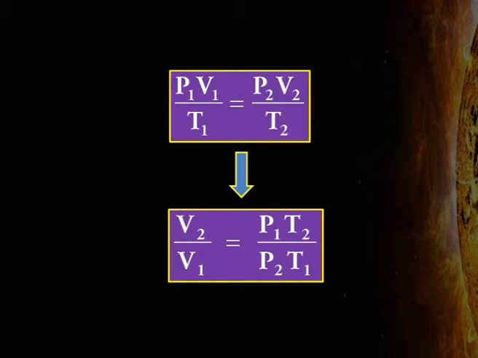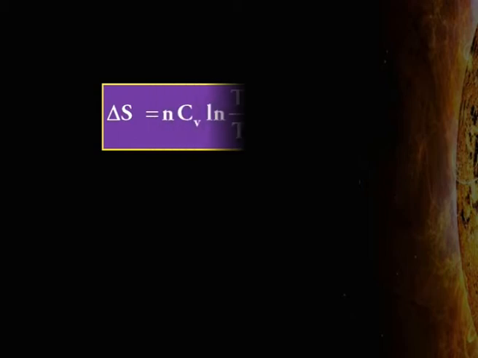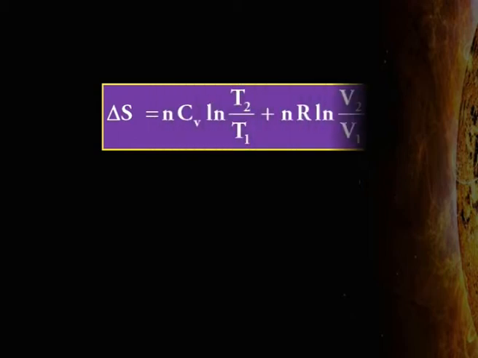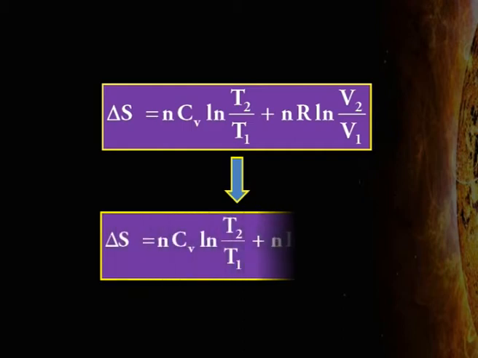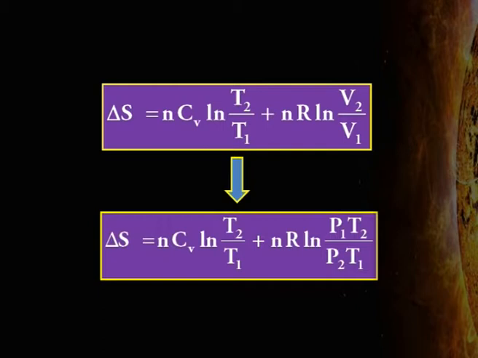Now, putting this value of V2 divided by V1 in the equation delta S equal to nCv natural log T2 divided by T1 plus nR natural log V2 divided by V1, we will have delta S equal to nCv natural log T2 divided by T1 plus nR natural log P1T2 divided by P2T1.